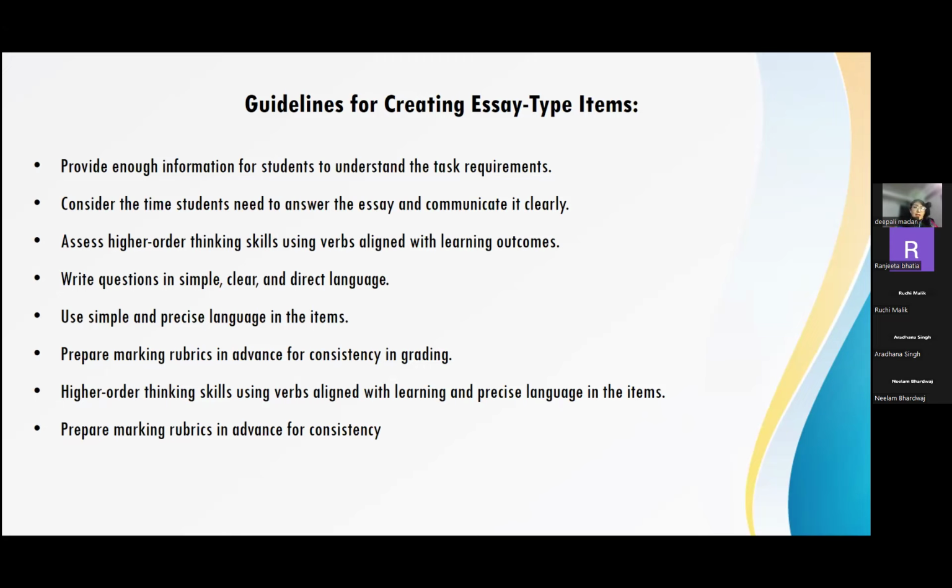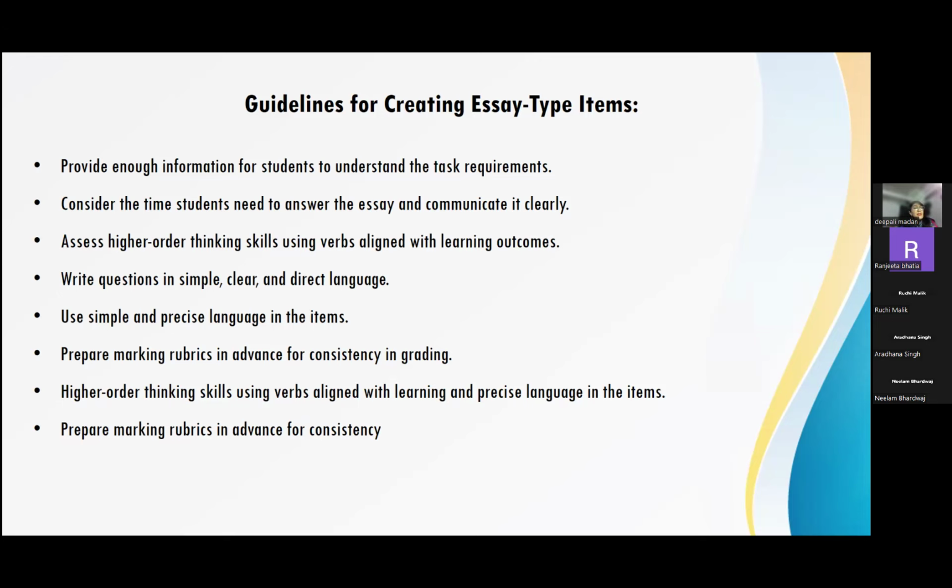Higher order thinking skills must be included. Then write questions in simple, clear, and direct language. Teachers should not try to use all the difficult words and vocabulary in their questions. That would not be the right way to assess them. Then use simple and precise language in these items.